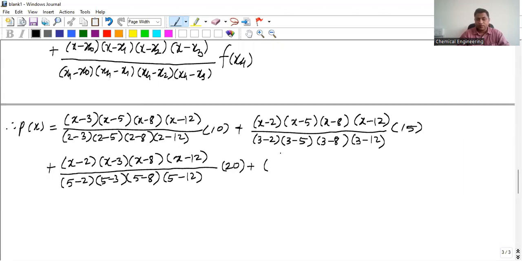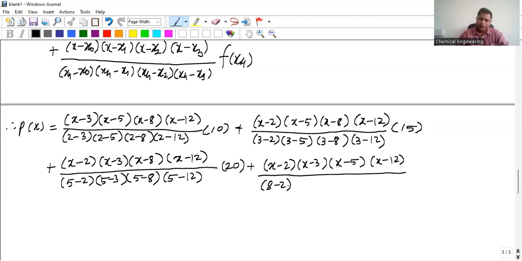Plus, now this term corresponds to 8. Okay, so x minus 2, x minus 3, x minus 5, x minus 12. Now 8 minus 2, 8 minus 3, 8 minus 5, 8 minus 12, and this is going to be 40.